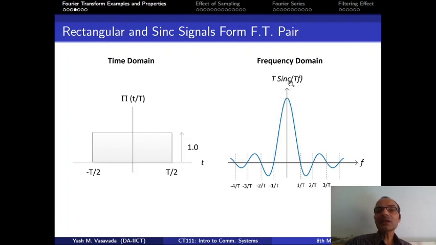Its height is going to become higher. So that is again kind of a duality property, that if you have some signal in time domain and if you make it wider, if you stretch it in the time domain, in the frequency domain the signal gets compressed because of this 1 over T effect.